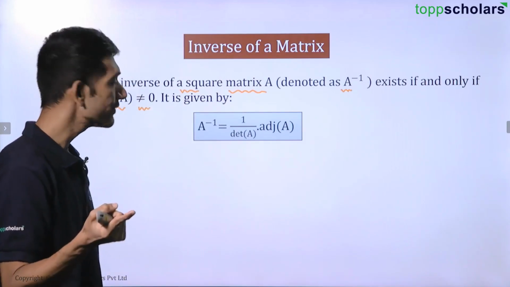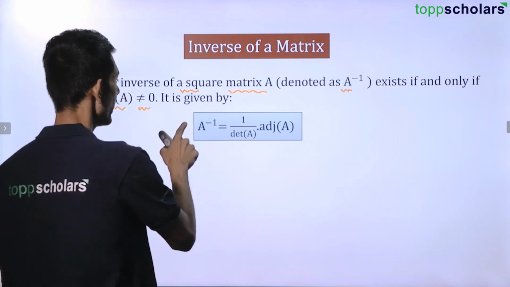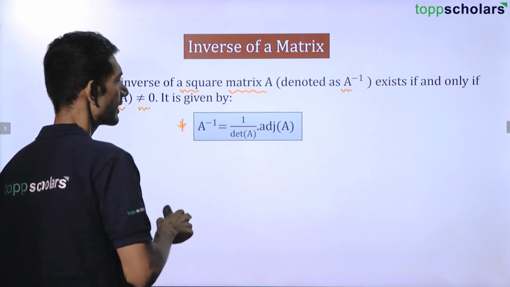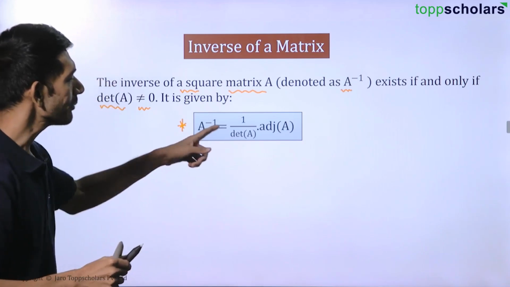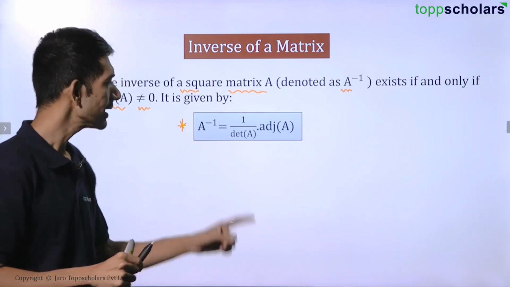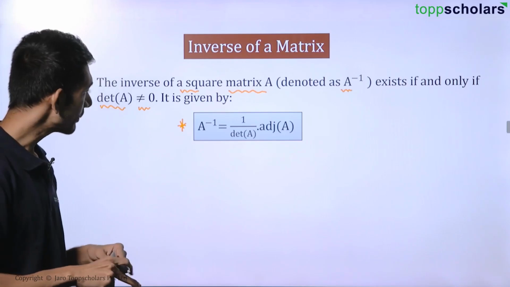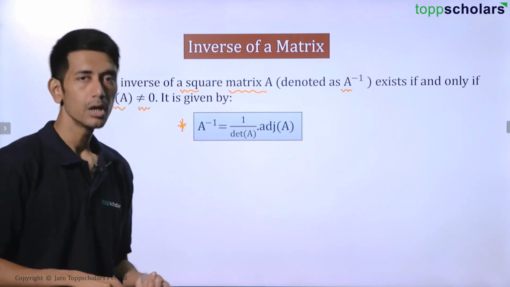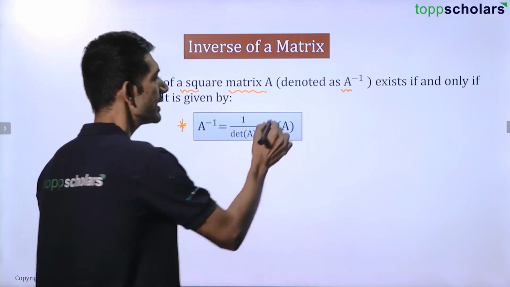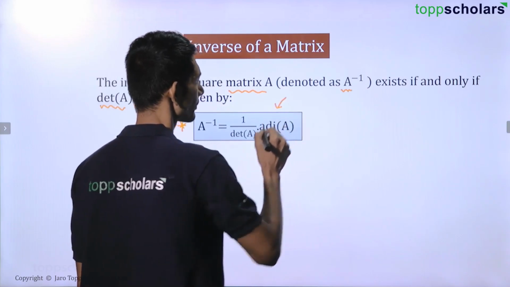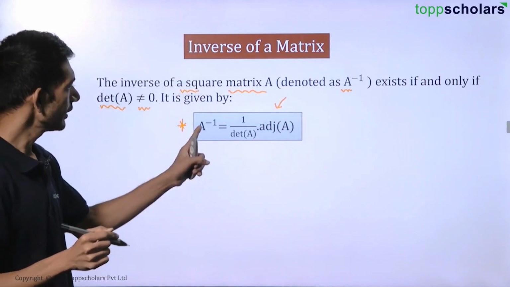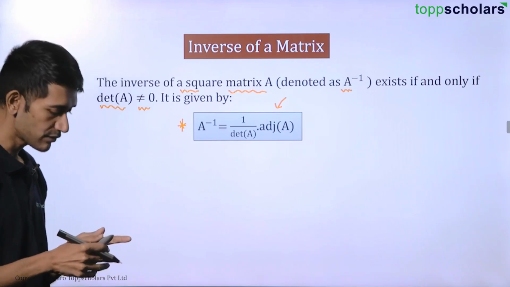And how do we find it? What is the formula? The inverse, that is A inverse, is given by 1 by determinant of A multiplied by adjoint of A. That means to find the inverse, you need to find the adjoint matrix. And then you need to find the determinant as well, which should be non-zero.